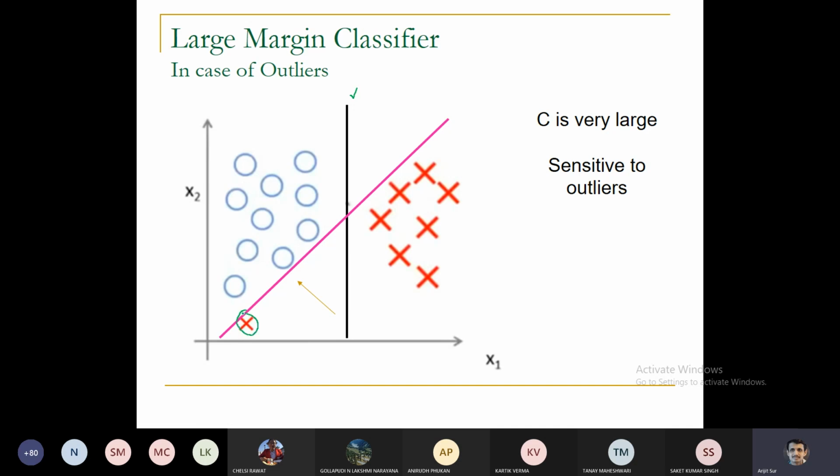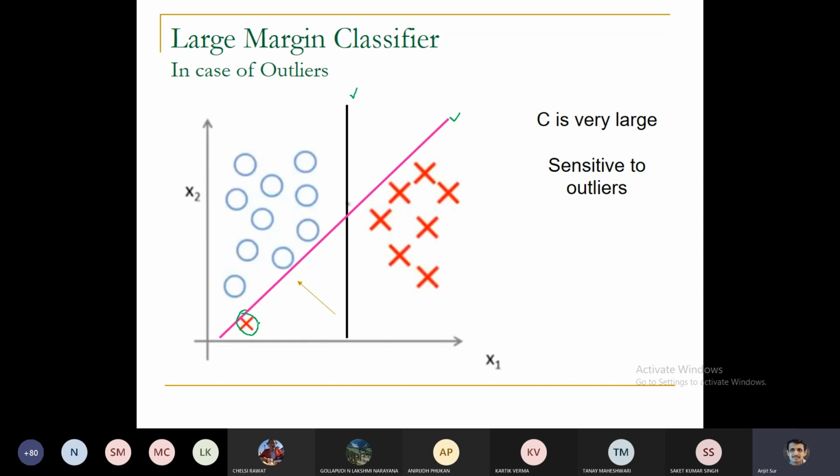But sometimes this point is an outlier, and still it's possible to find a boundary that fits it. We discussed in the last class this kind of outlier: should we consider it?